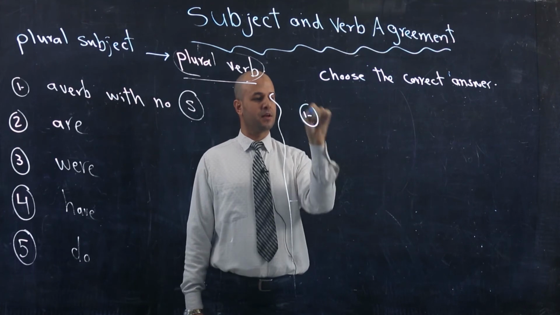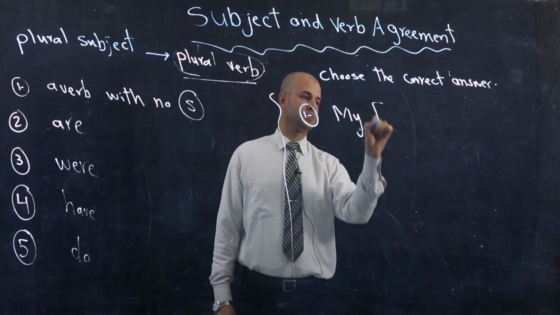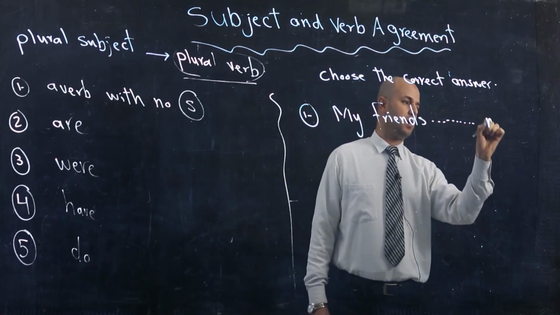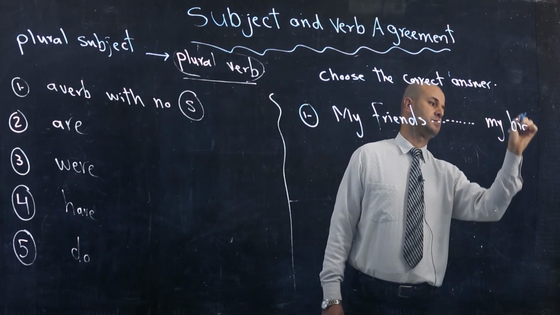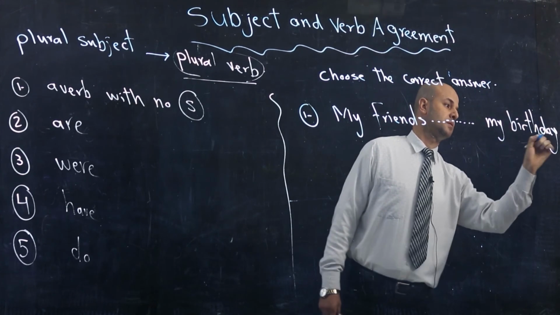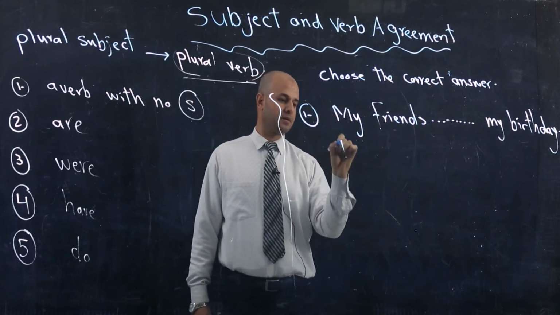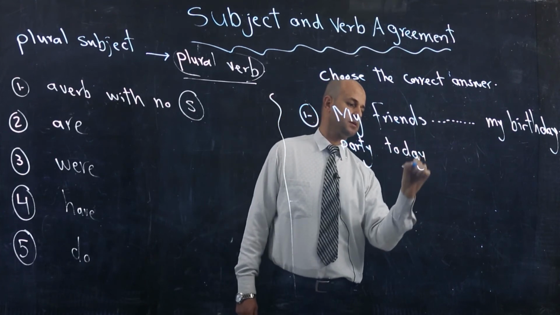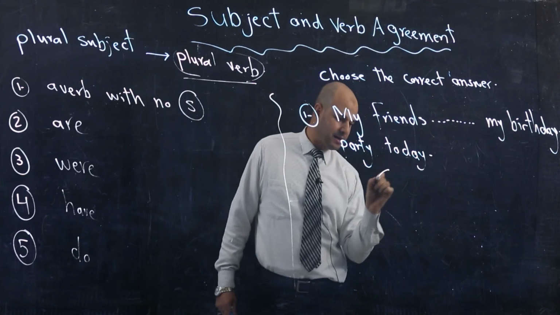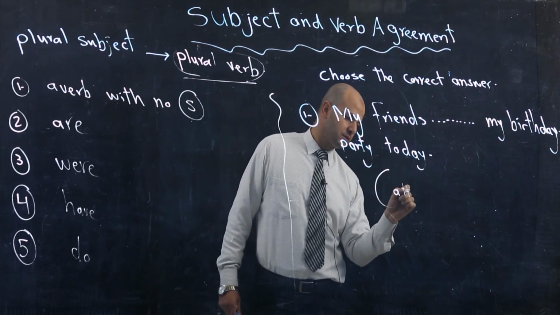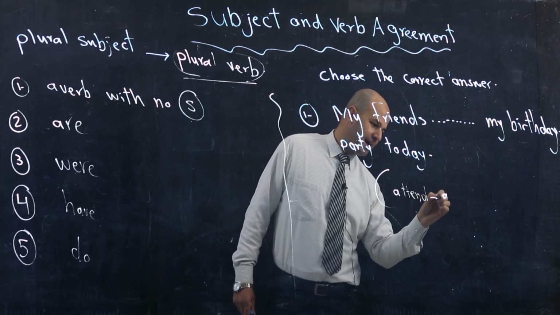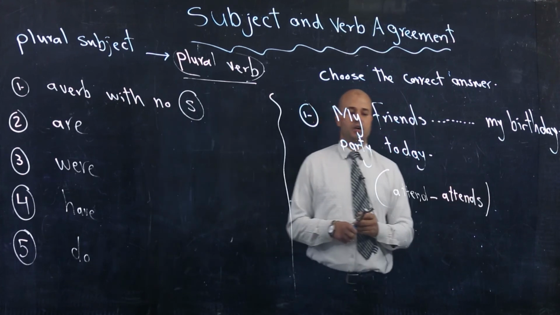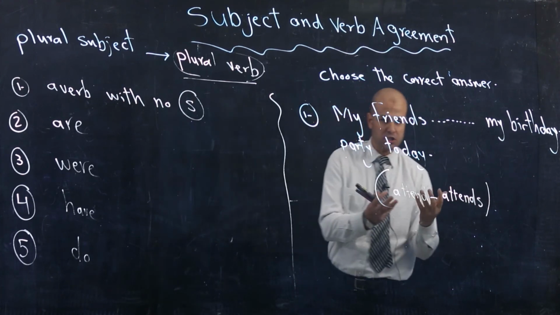Number one: my friends attend or attends the university today. So here you are asked to choose which verb is right here.